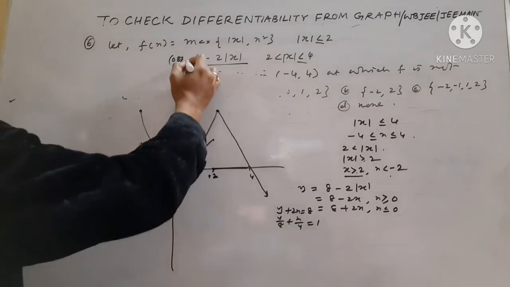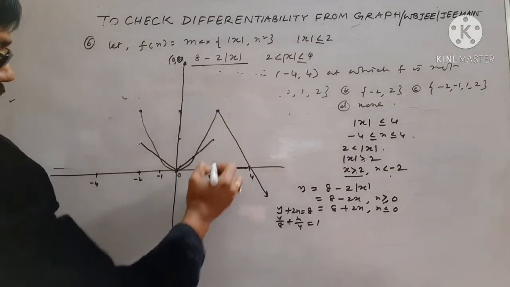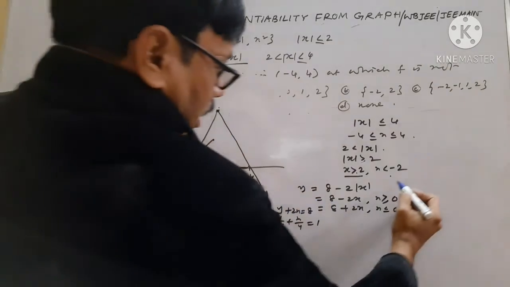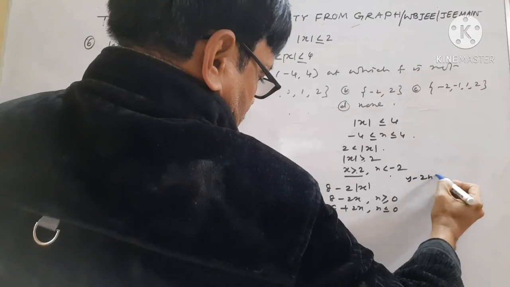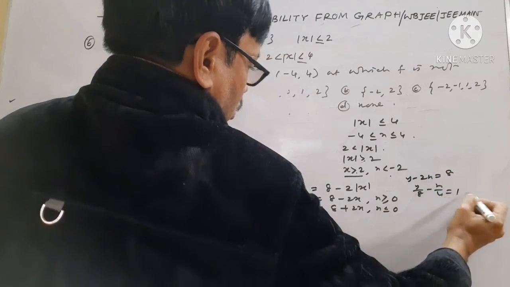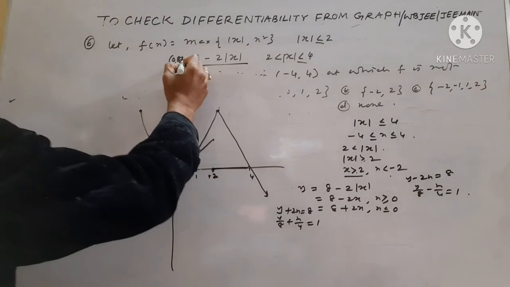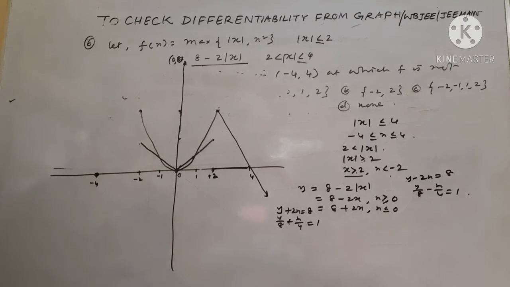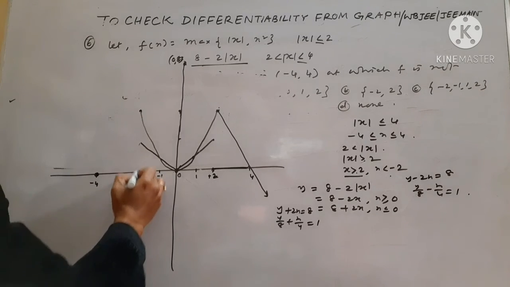This point (2, 4) is where the curve cuts y equals x square. And the second one, y minus 2x equals 8, that is, y by 8 minus x by 4 equals 1. It passes through (0, 8) and hits the x-axis at minus 4. At minus 2 it is 4.